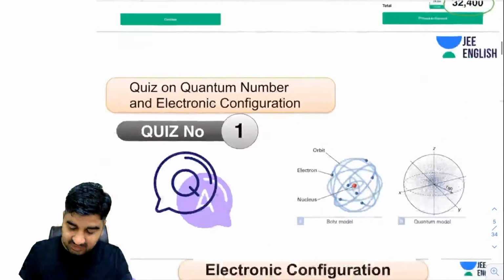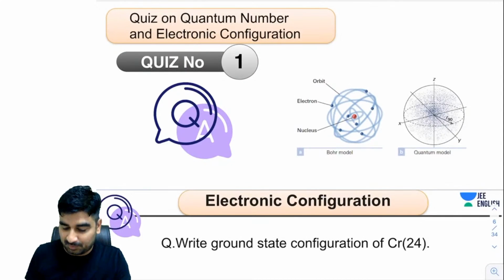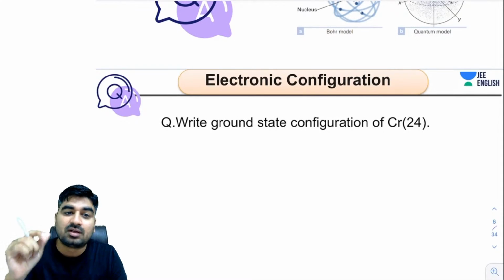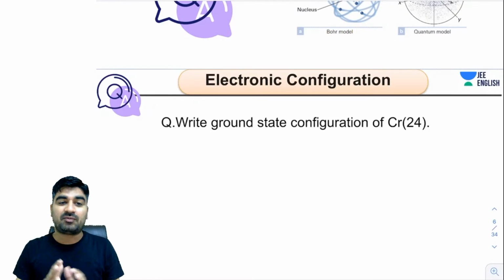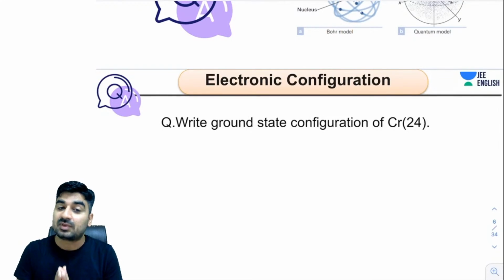So let's start today's quiz. But before starting the quiz, let me give you a simple problem. All of you should have a pen or pencil and a notebook with you. If you are just listening, believe me, guys, it is not study. If you are seriously preparing yourself for IIT JEE or any other competitive examination, then you have to be sincere.